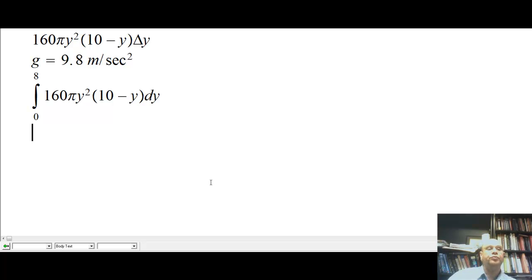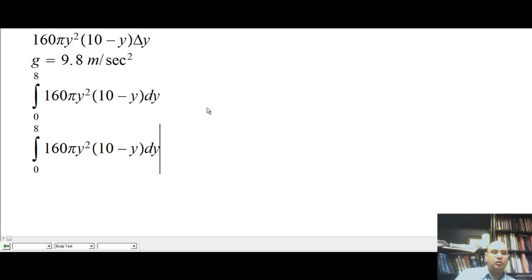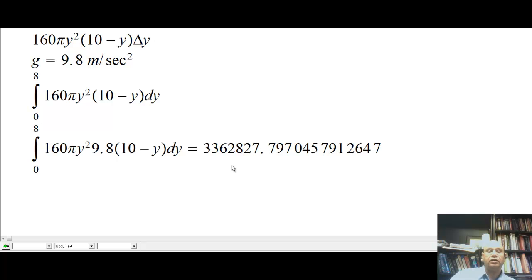Now we have to bring in the acceleration due to gravity, which is how much? 9.8 meters per second square. Okay, I have it up here. So actually we should have multiplied that by that quantity here, and now if you integrate, what do you get?